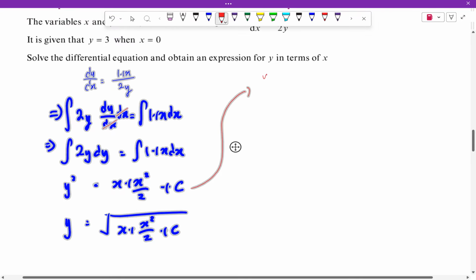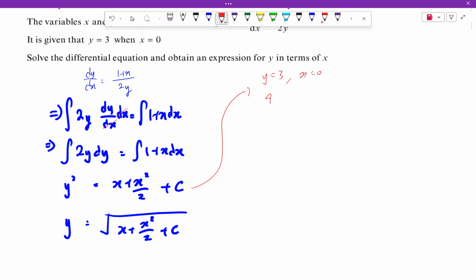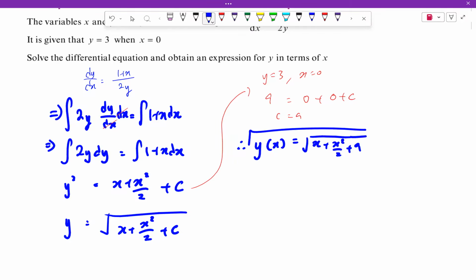So from here we say y equals to 3, x equals to 0, and we solve for it. 9 equals to 0 plus 0 plus c. So c is equals to 9. So therefore, our final solution is y. I'm just writing in terms of function. It will be square root of x plus x squared over 2 plus 9. This is the final answer. Done.